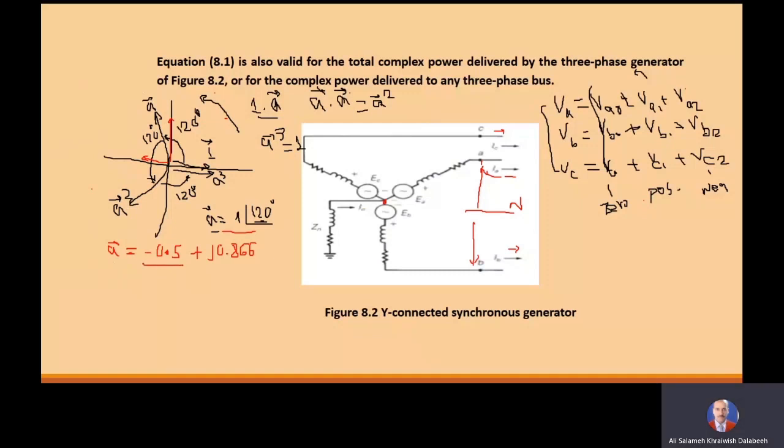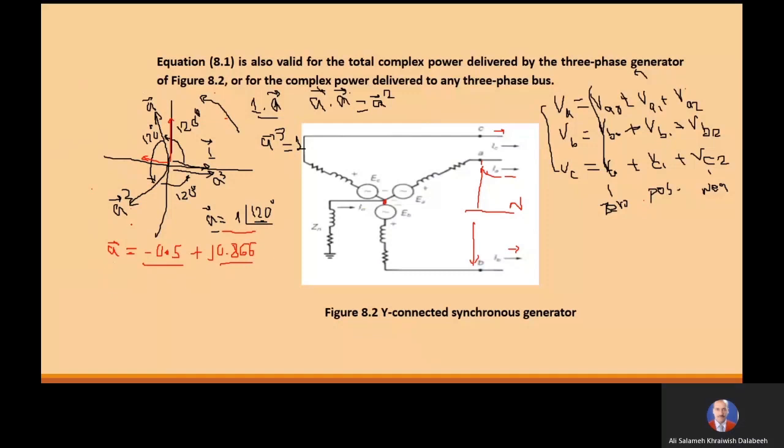Minus 0.5 is equal to 1 multiplied by the cosine of 120 degrees. And this value, 0.866, is coming from multiplying 1 by the sine of 120 degrees. Okay?